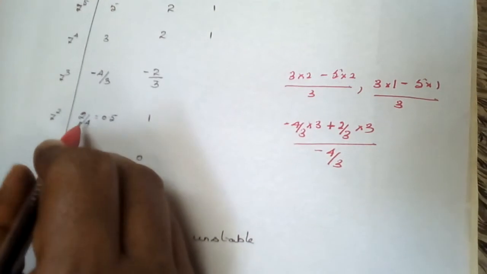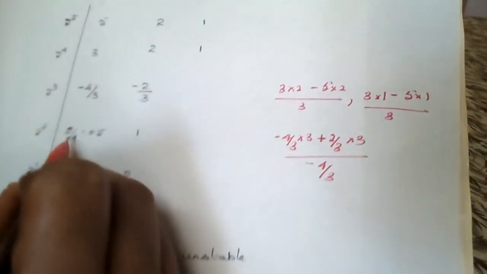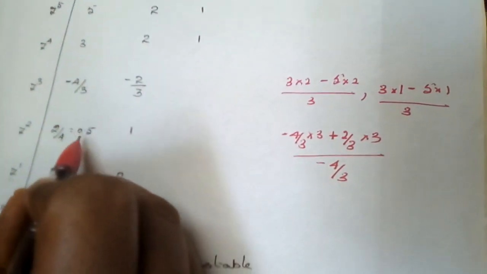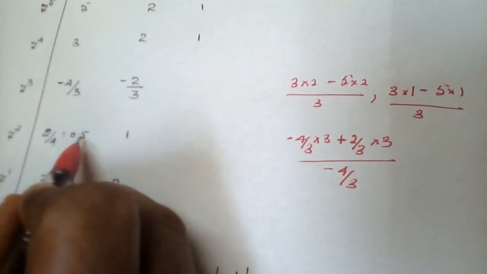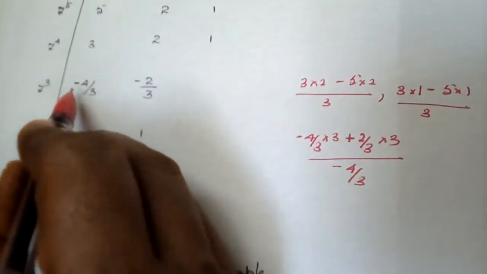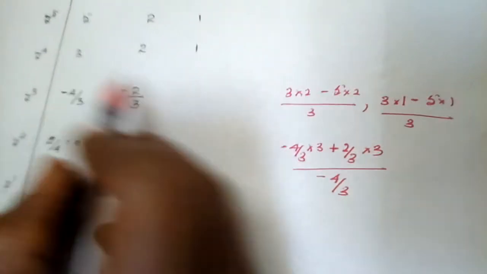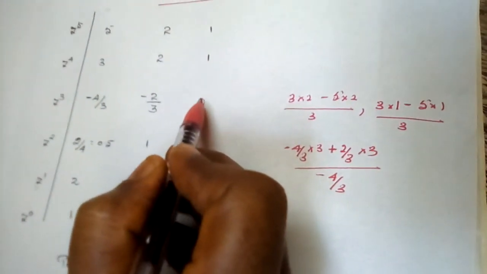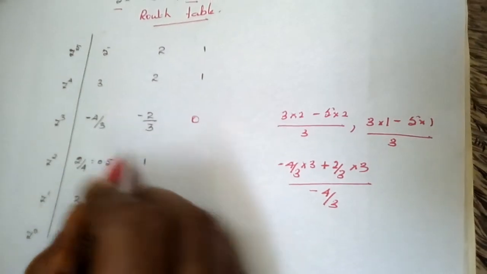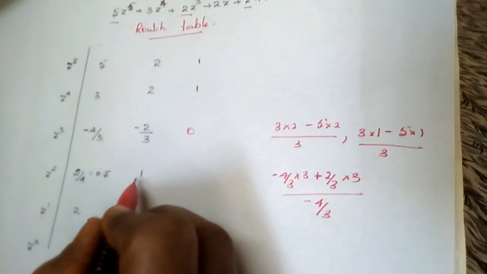I get the value as 2 by 4, which is nothing but 1 by 2, the value is 0.5. Similarly, for the next term, cross multiply minus 4 by 3 into 1 minus 3 into 0, divided by minus 4 by 3, which is equal to 1.